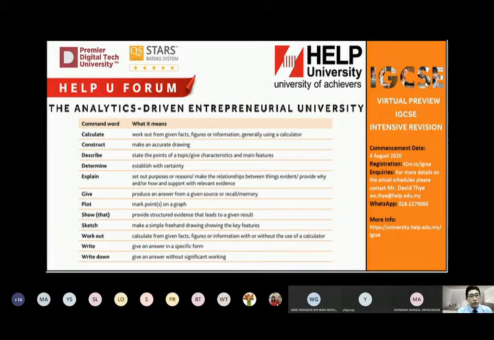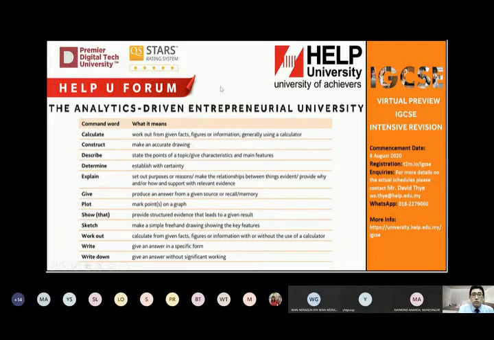When the question asks you to describe, you are not going to explain. Describe and explain sound the same in language, but in mathematics each has a specific meaning. Describe: state the points of a topic, given characteristics and main features. Explain: set out purposes or reasons, or make the relationship between things evident, providing why and how and support with relevant evidence. You can't really go for the exam without understanding the meaning of all of these words.